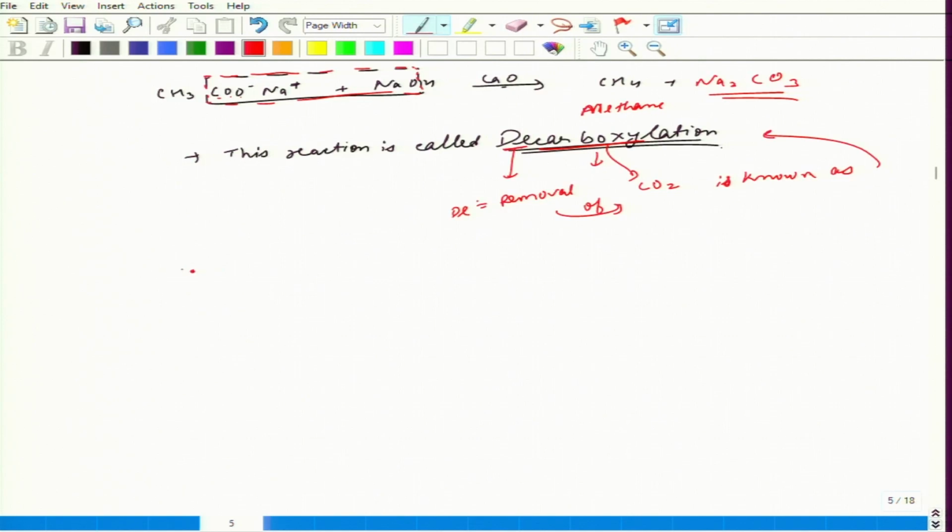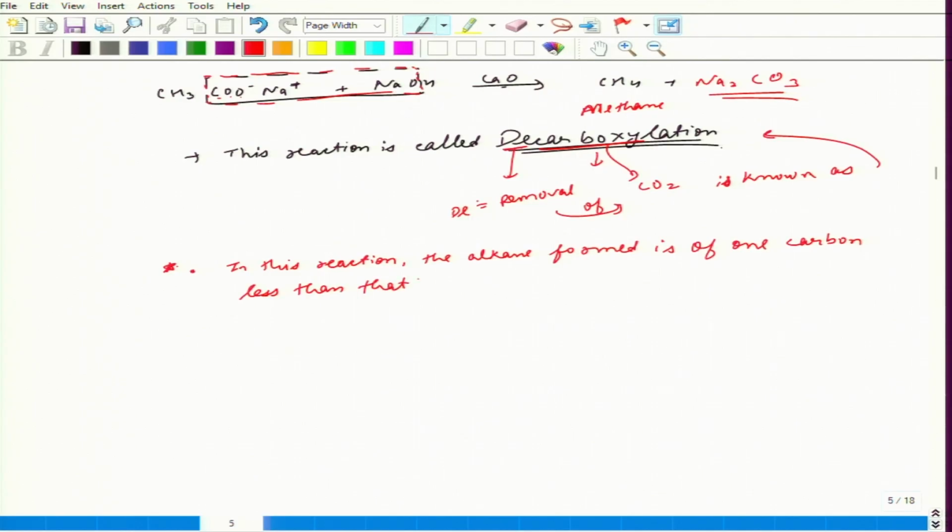One thing to keep in mind in this reaction: the alkane formed has 1 carbon less than the sodium salt taken.